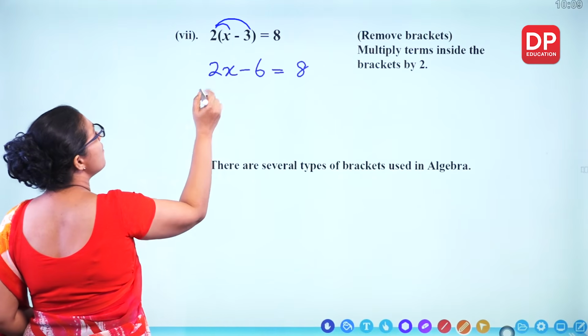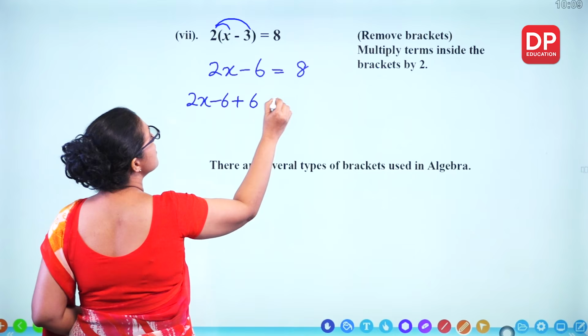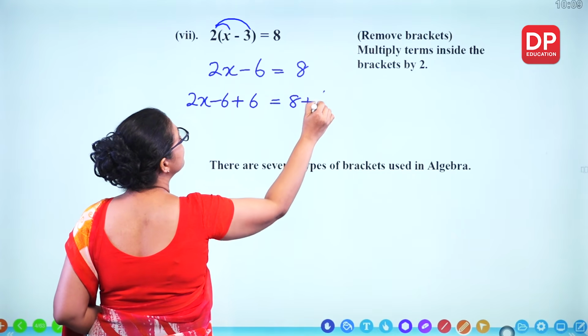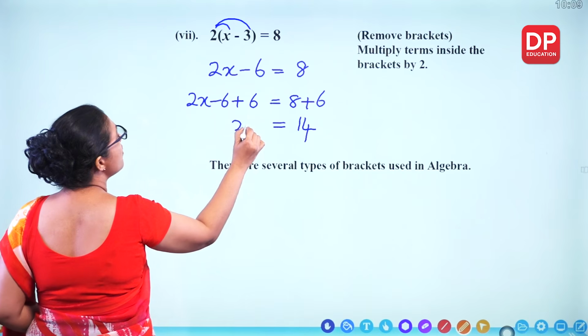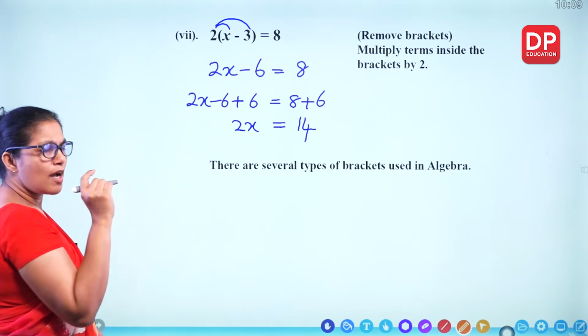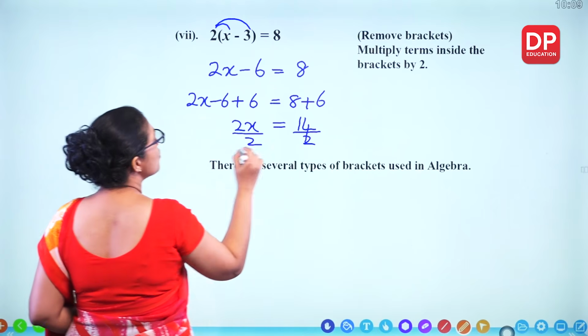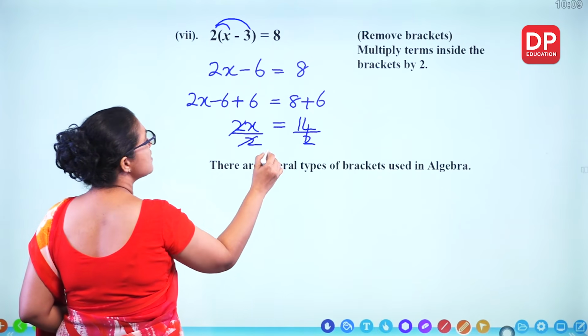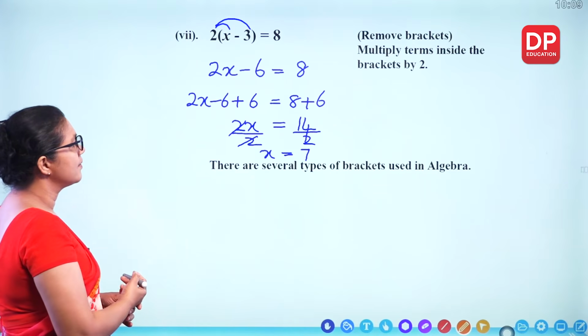Now, we need to get rid of this minus 6. Add 6 to both sides. 8 plus 6, 14, and 2x is 14. How you get rid of this 2? Divide both sides by 2. So, x equals 14 divided by 2, which is 7.